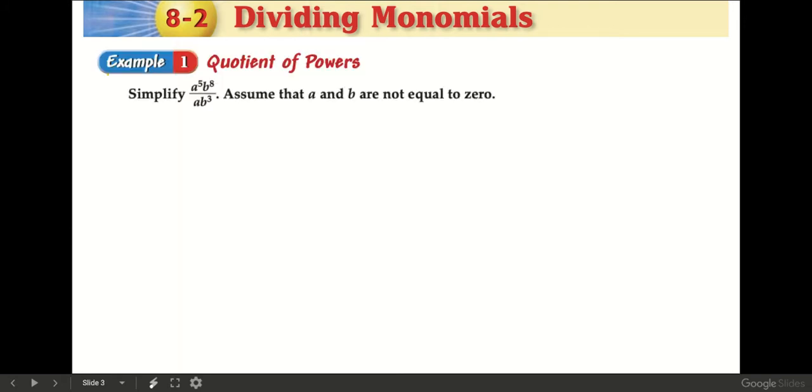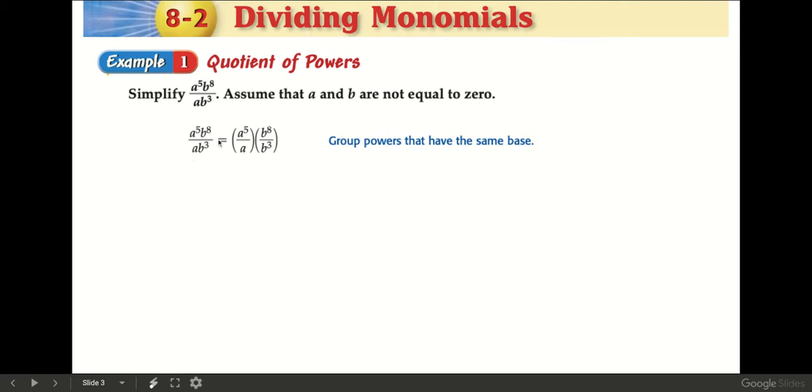So let's look at this first example of something you're going to be asked to do. Quotient of powers. Simplify a to the 5th power times b to the 8th, all divided by a times b to the 3rd power. Assume that a and b are not equal to 0, so assume that a and b are some number that's not 0. I'm going to write this out. I can group these using the same base: a to the 5th power over a, and b to the 8th power over b to the 3rd power.